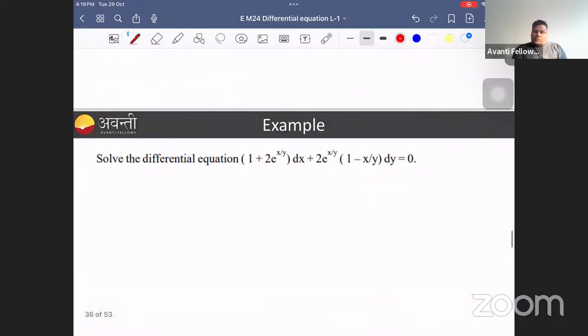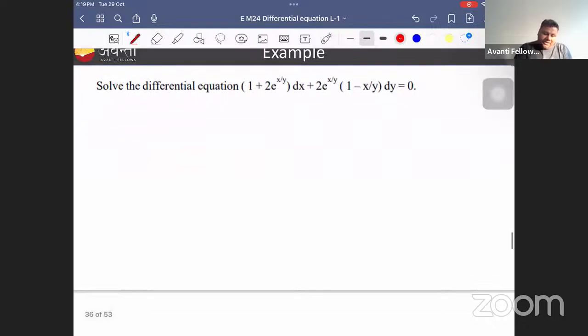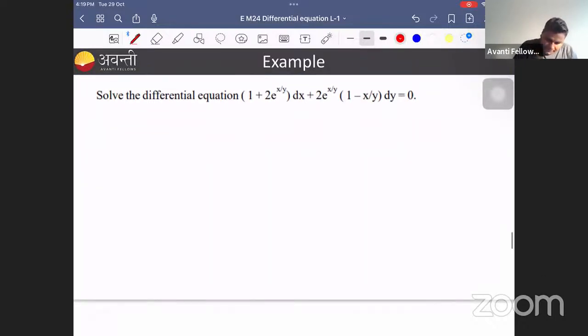See, one question we will do, then I will be able to make you understand in a better way. First of all, I write it: (1 + 2e^(x/y)) dx = -2e^(x/y)(1 - x/y) dy.